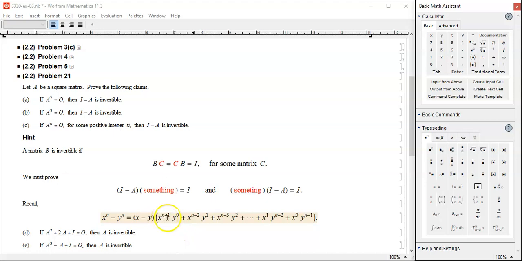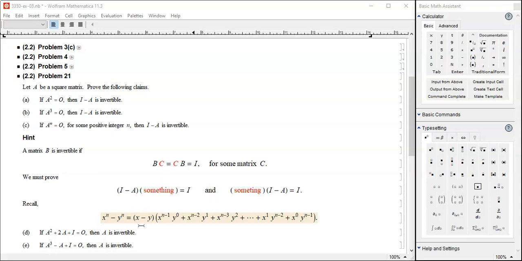Please note that the powers add up to n minus 1 all the time. And then one more power here. So total power is going to be n for each. By the way, if you're wondering why this is true, you can prove it from the right-hand side and then just break up the parentheses using the distributive property.